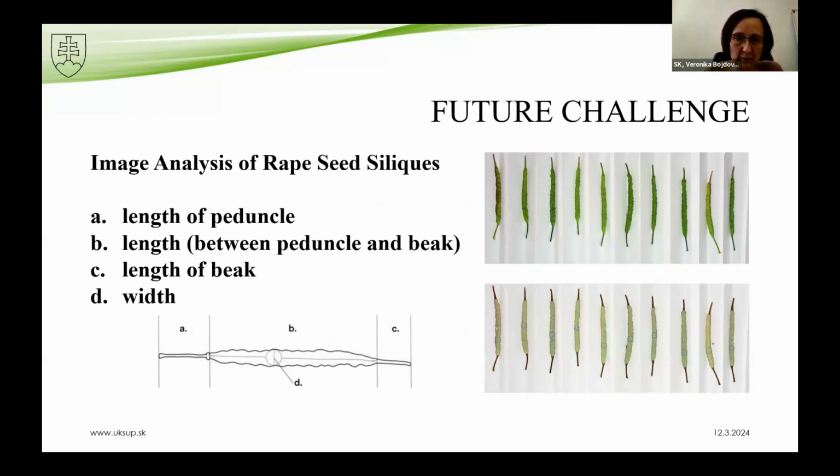We have developed also a macro for ImageJ software and plan this year to test if it is sufficient to measure all 4 characteristics of rapeseed calyx as they are proposed in the TGP and test protocol documents.